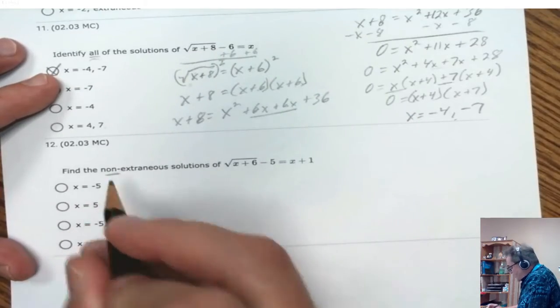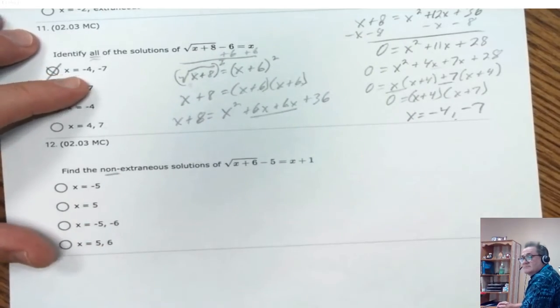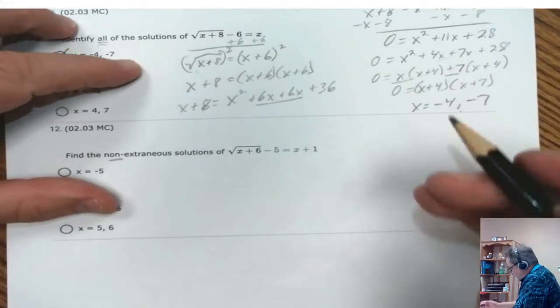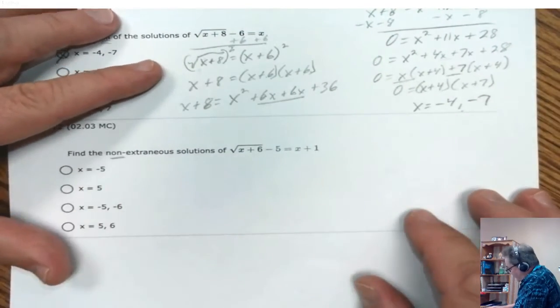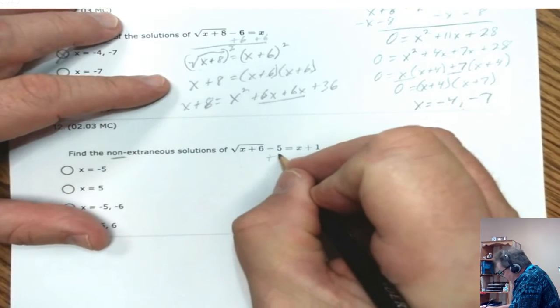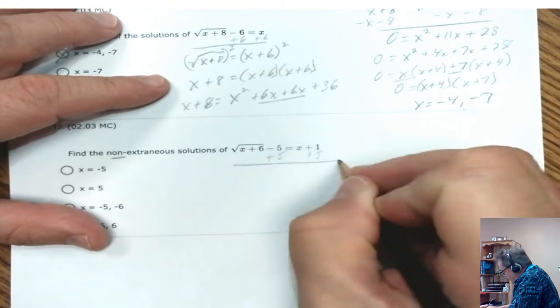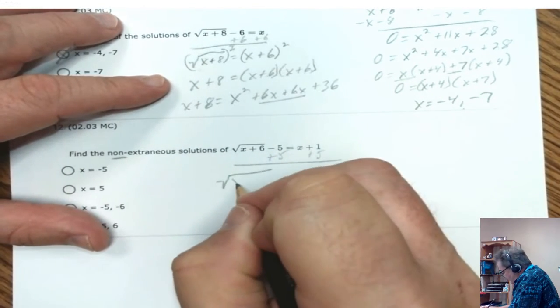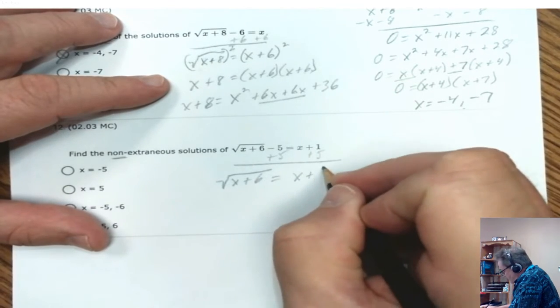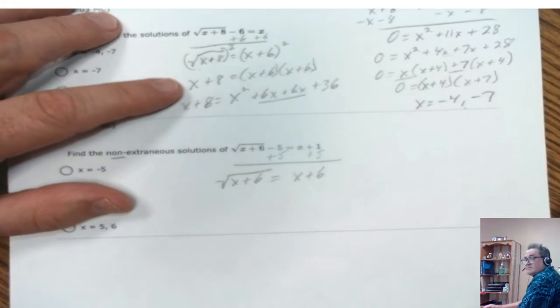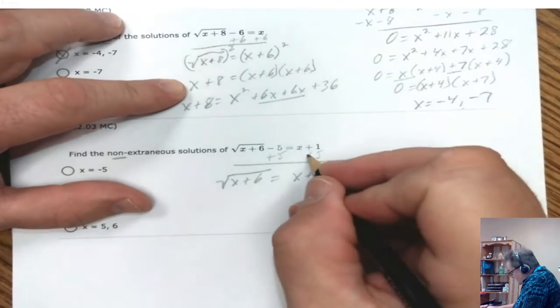Find the non-extraneous solutions of this. All right, so this is going to be similar to above. We have two different x's, so we're probably going to have some quadratic work to do. Add 5 first off. Square root of x plus 6 equals x plus 6. All right.